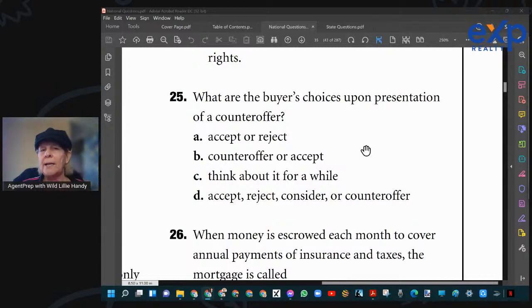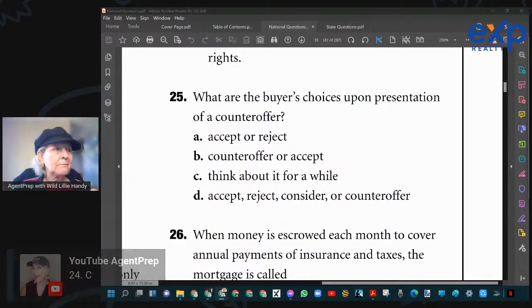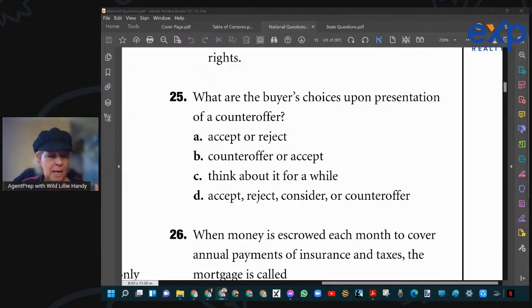So the seller countered, they presented an offer, right? And the seller countered. So what are their choices when they receive a counter offer? Think about it and type your answer in the chat box. Actually, we'll do 13 national questions and 12 state, because you get more national questions on all exams. So far, I have DDD.